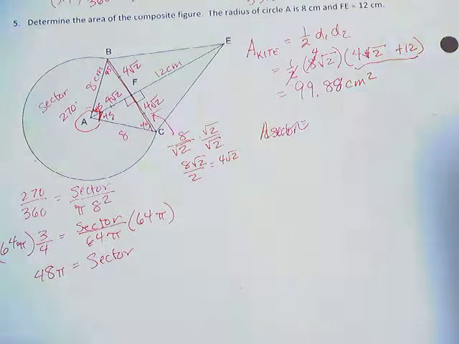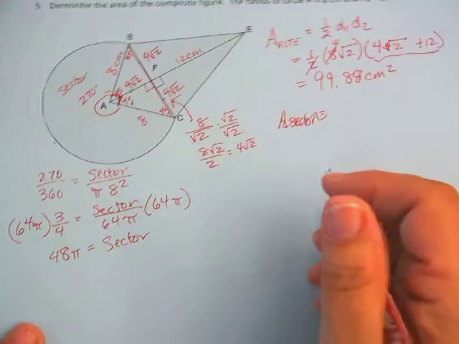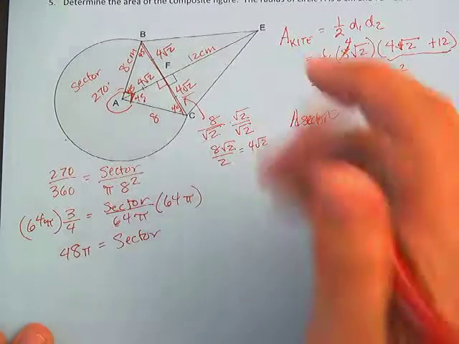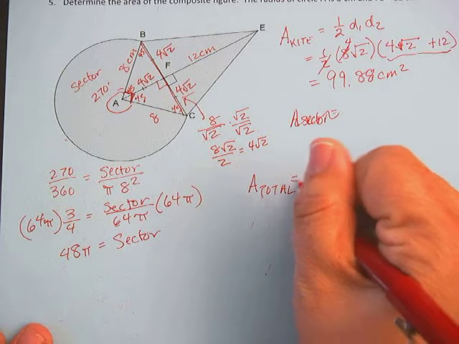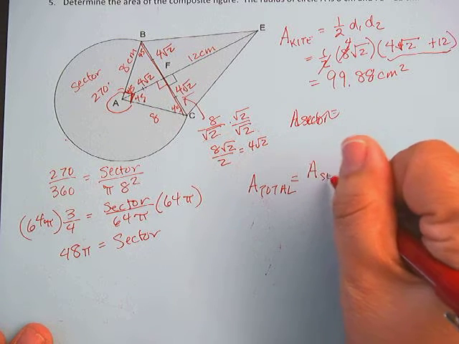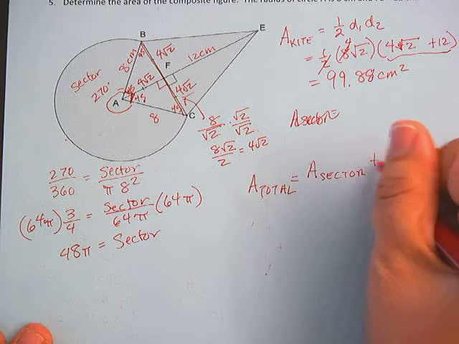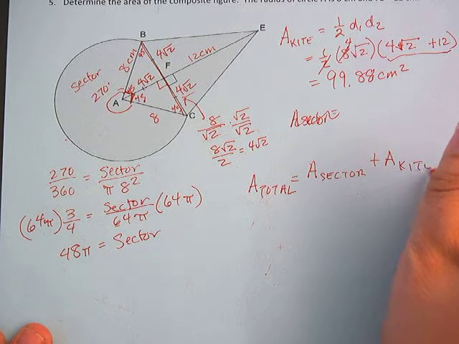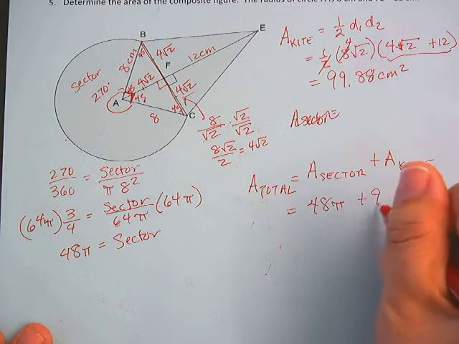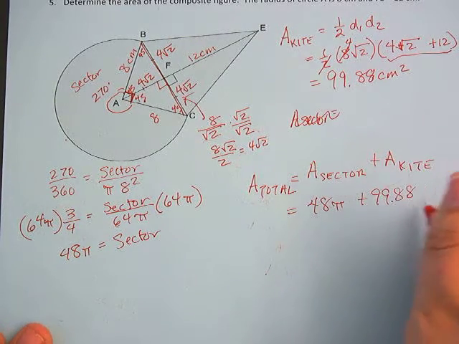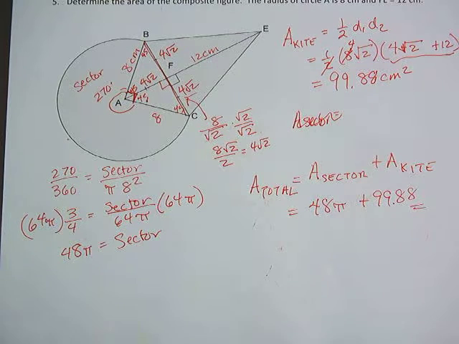All right? So the total area is going to be this sector plus that kite. A total equals area of the sector plus area of the kite. So it is 48 pi plus 99.88. Since I've already rounded here, I might as well go ahead and round this whole thing.